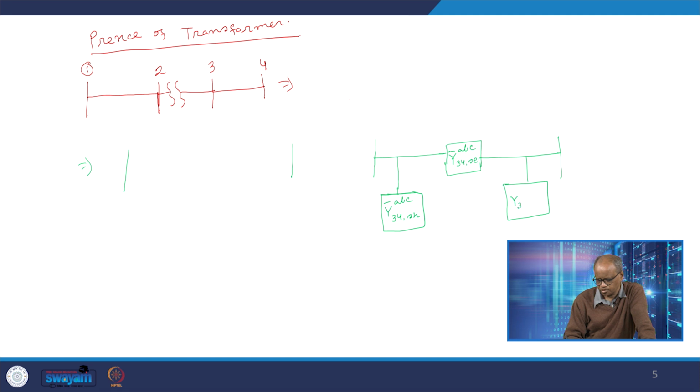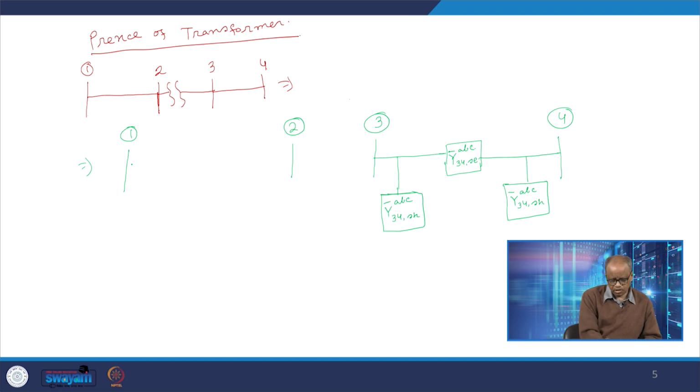So Y34 shunt ABC. So this is bus 3, bus 4, bus 1, bus 2.